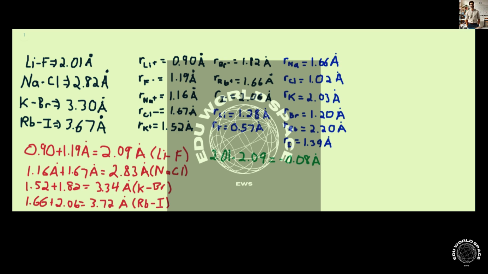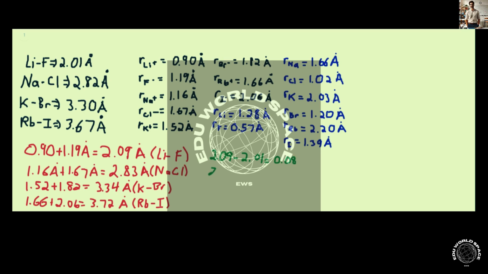In fact, it's just easier to do the other way since it's going to be positive. So 2.09 minus 2.01 is equal to 0.08.